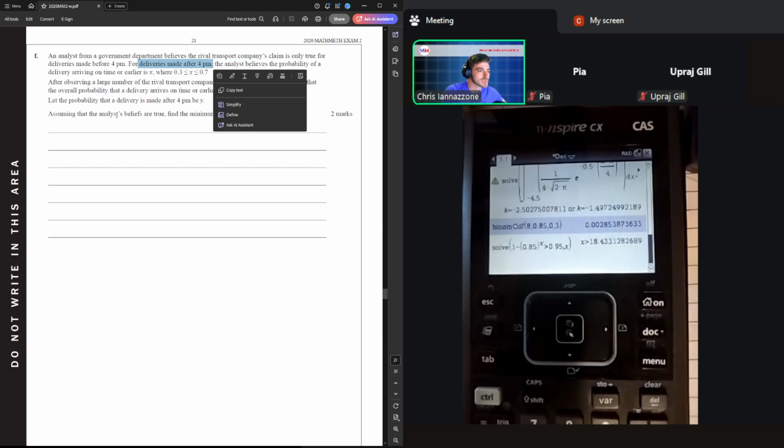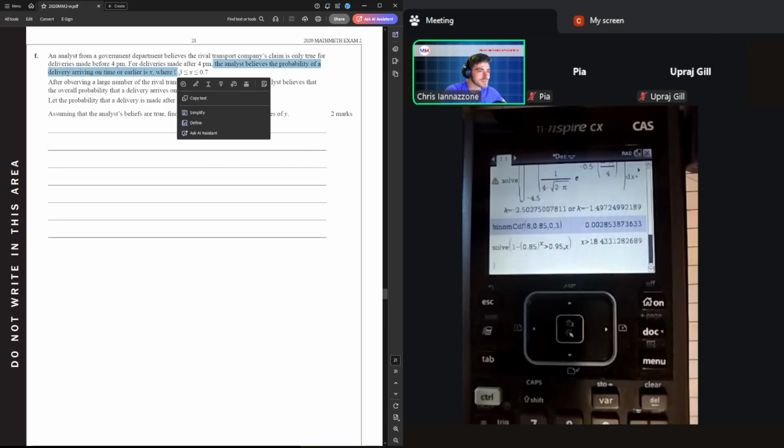Delivery made after 4 p.m., probability of that is x. Probability of that is y. They're talking about the same thing. That's kind of nasty, but sure. Find the minimum and maximum values of y. So yeah, okay, sure.